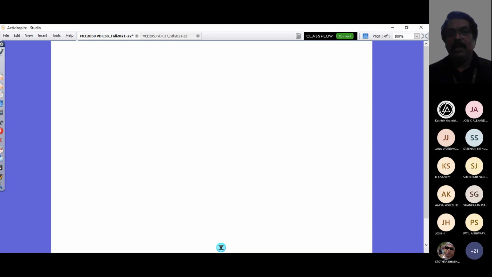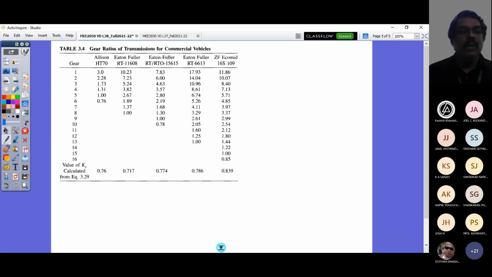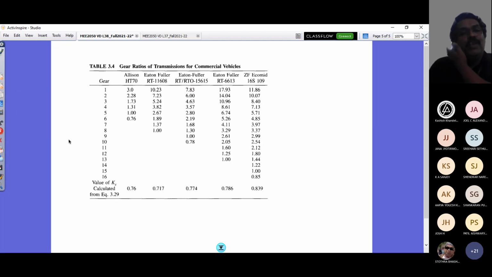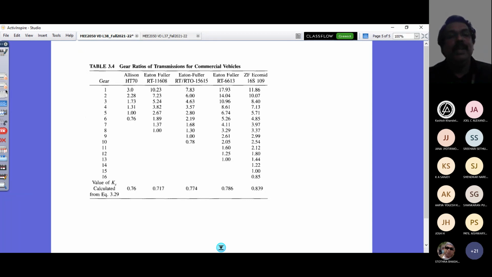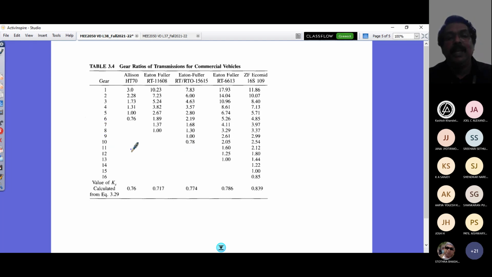So look at this table. You have the gear ratios of transmissions for commercial vehicles. You can see here there are different vehicles with different numbers of gears: a vehicle with 6 gears, 8 gears, 10 gears, 13 gears and 16 gears.